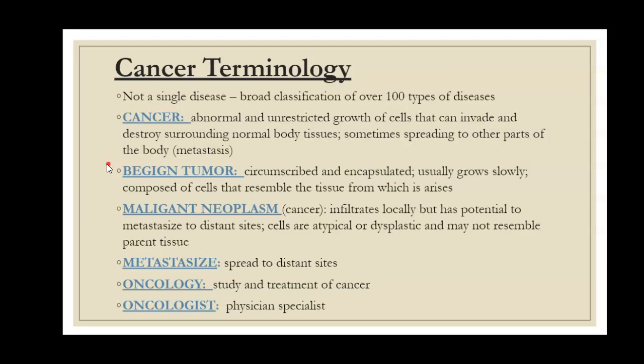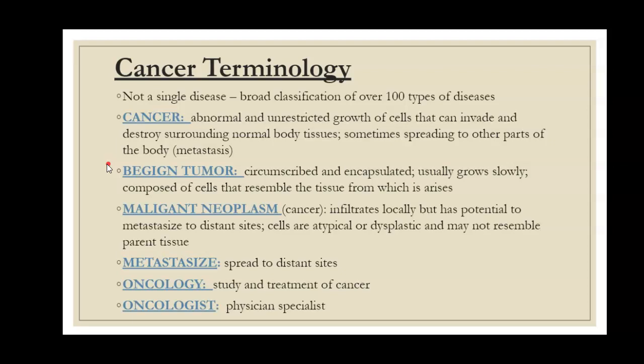Benign tumors are circumscribed and encapsulated. They usually are very slow growing, and they're composed of cells that resemble the tissue that they arise from. A malignant neoplasm, or cancer, in other words, it infiltrates locally but has potential to metastasize throughout the body, to different parts of the body.